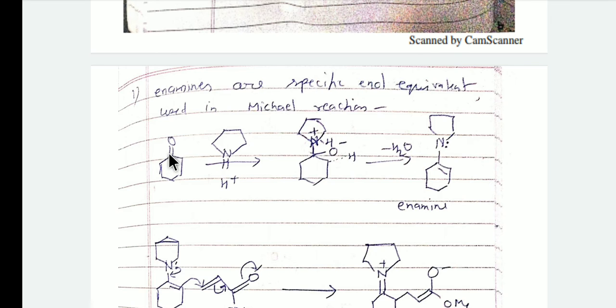The positively charged carbon forms a bond with the nitrogen containing the lone pair, so a covalent bond is formed between nitrogen and carbon, and O gets the negative charge. The nitrogen has a positive charge because it donates its lone pair of electrons to this carbon atom. So this type of molecule is prepared here.